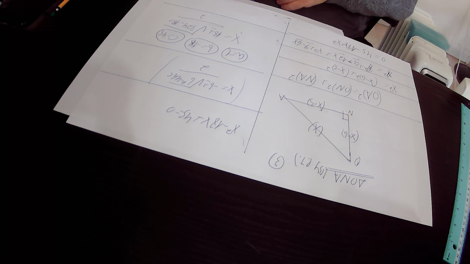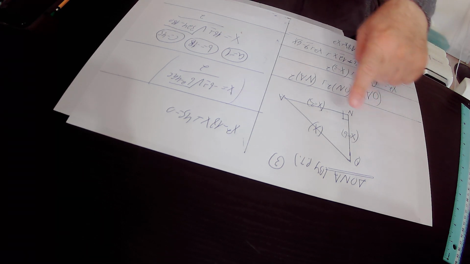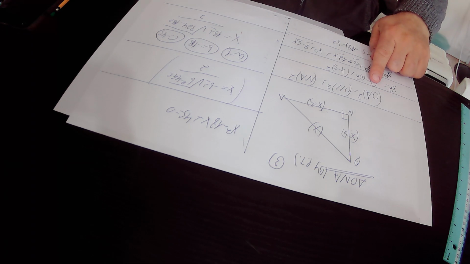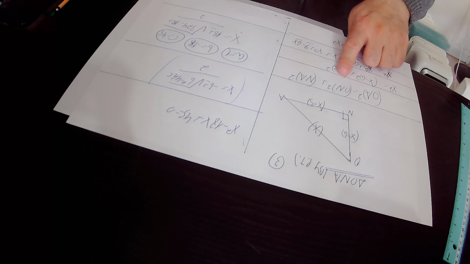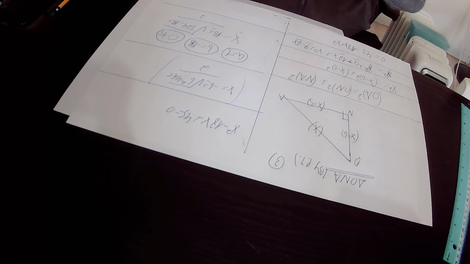So according to the Pythagoras theorem, in any right triangle, the square of the hypotenuse is equal to the sum of the squares of the perpendiculars. So the hypotenuse in the right triangle ONA is OA, therefore the square of the hypotenuse is OA square. It must be equal to ON square plus NA square.